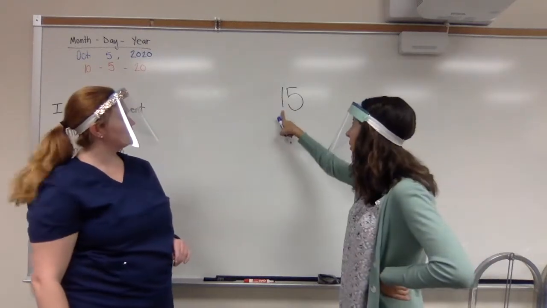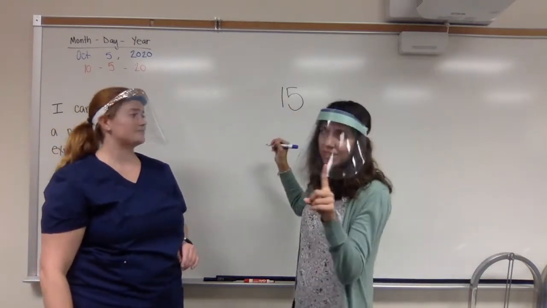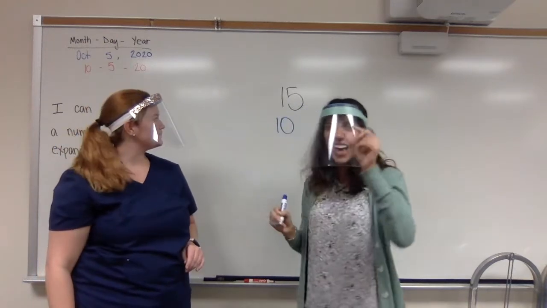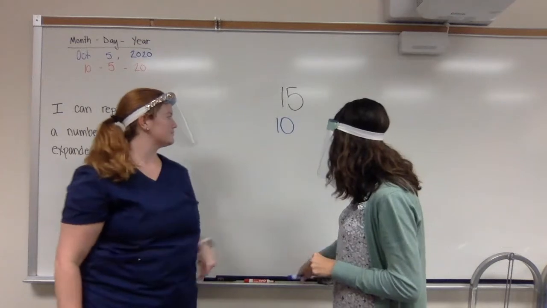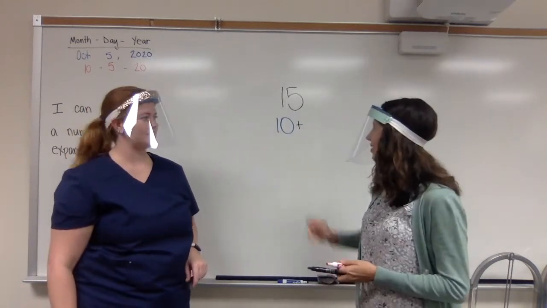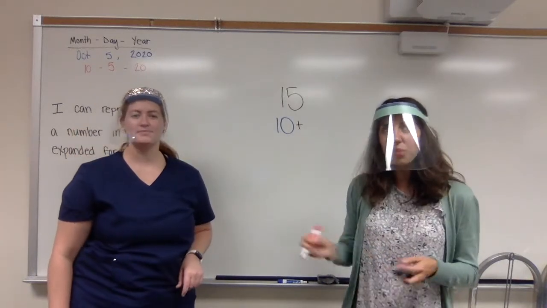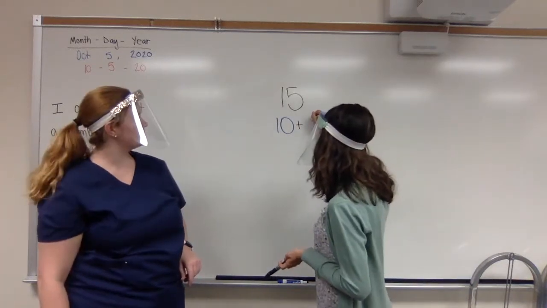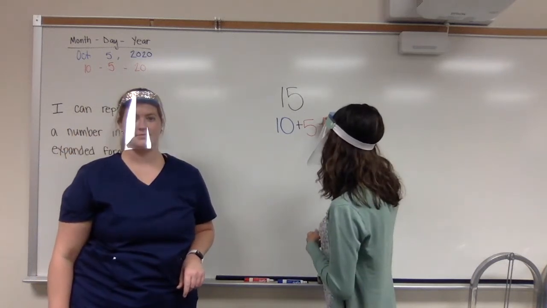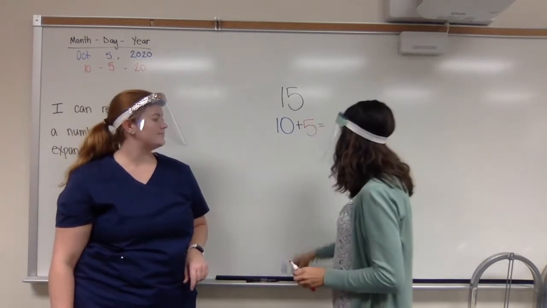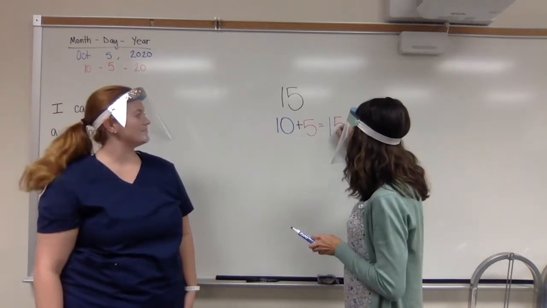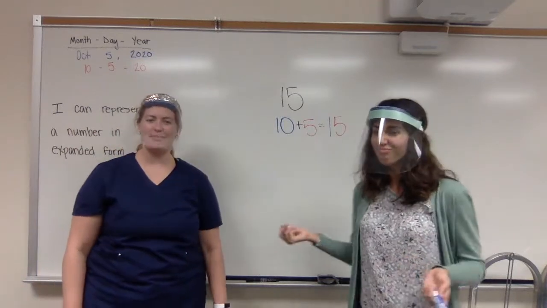So I have 1 ten, and 1 ten is worth 10 because there are 10 tiny ones inside of a 10 block. And then, let's see, a 5 in the ones place would be worth 5 ones. So 10 plus 5, I know that that should equal 15. So I have 1 ten and 5 ones. Great job, Miss Lestico.